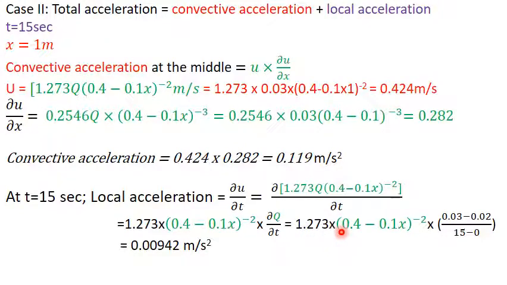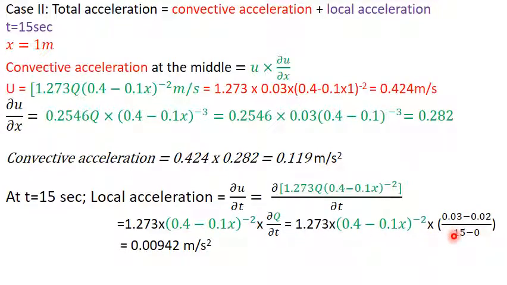So the equation comes to 1.273 into (0.4 minus 0.1 into X). Since X is a constant with respect to time t, we take this out of the differential, and then we have dou Q by dou t. So dou Q is the change in discharge, that is the change in discharge at 15th second to the initial value. So (0.03 minus 0.02) divided by the change in time.